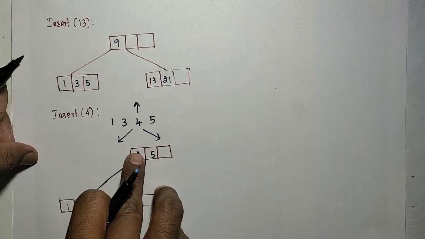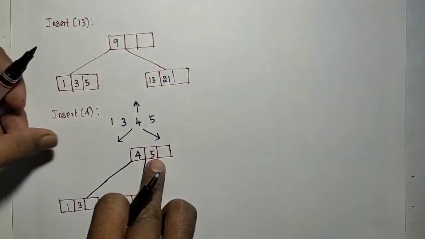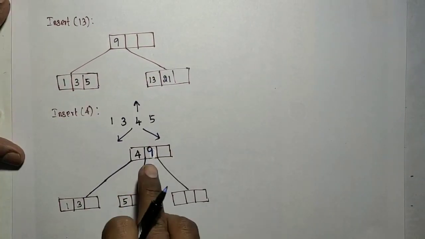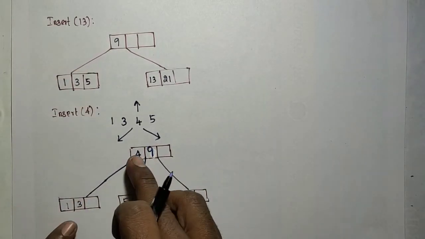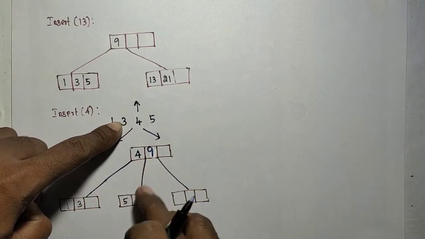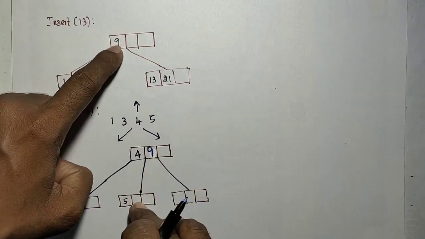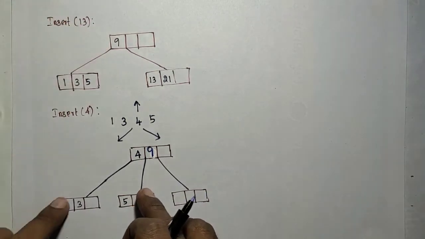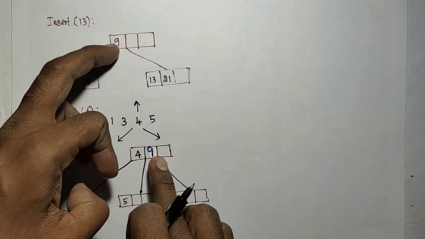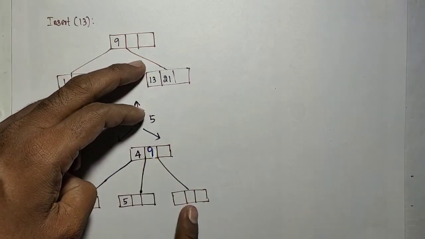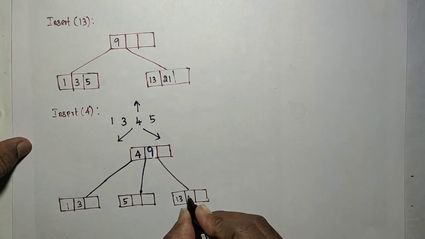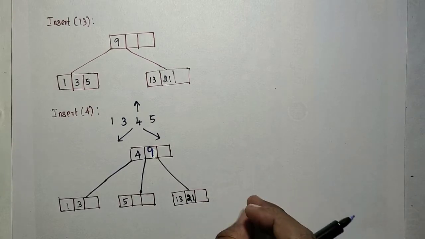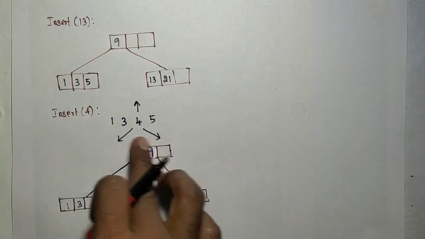So this level has the values 4 and 9, where the left of the 4 is 1 3 and the right of the 4 is 5. We had already split the left of the 9 like this, but there is no change in the right of the 9. The right of the 9 is maintained as it is, that is 13 and 21. So after inserting the 4, this will be the status.